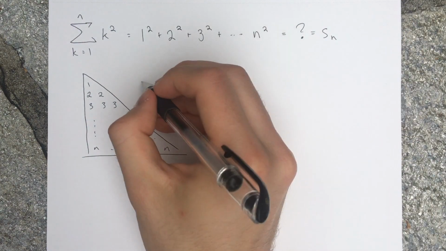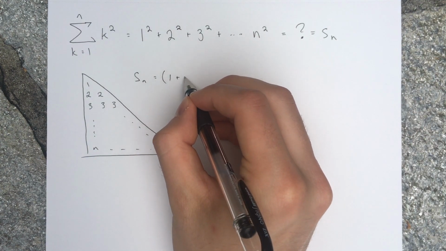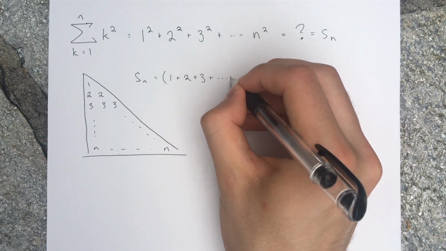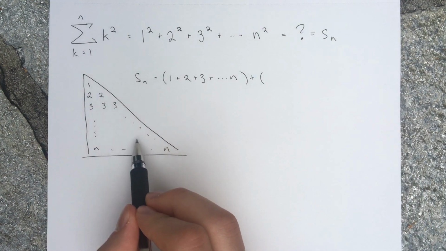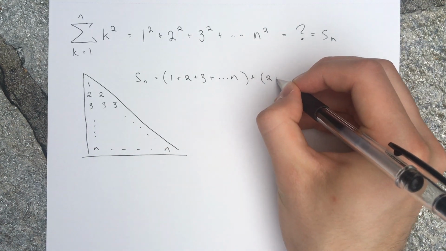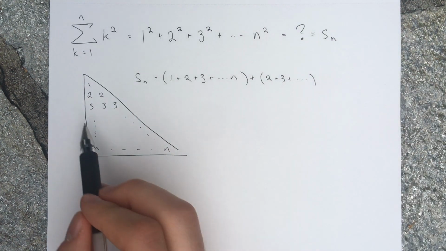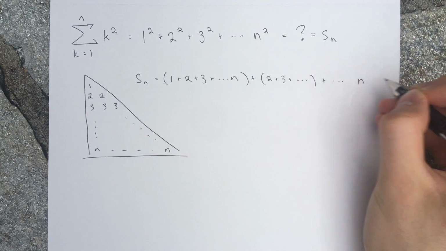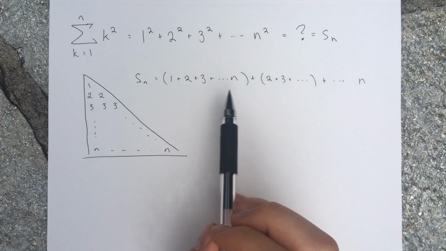So I'll write this as 1 plus 2 plus 3 up until n, plus 2 plus 3 plus 4 plus whatever up until n, and so on, starting at a different location and ending at n. So we'll just be left with n. So maybe we can write this in a summation formula.